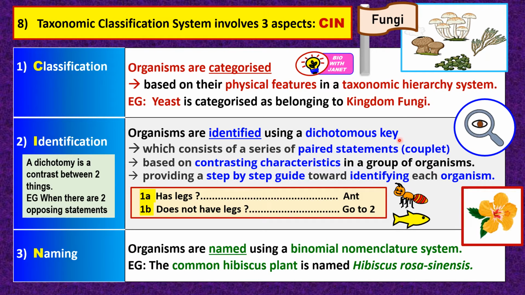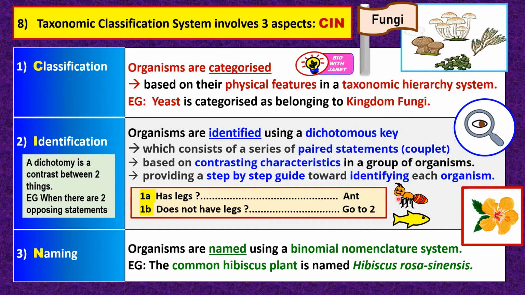Right, now identification. Organisms are identified using a dichotomous key, which consists of a series of paired statements called couplets. For example, this is a couplet here, two statements that are contrasting. Based on contrasting characteristics in a group of organisms, it provides a step-by-step guide toward identifying each organism.